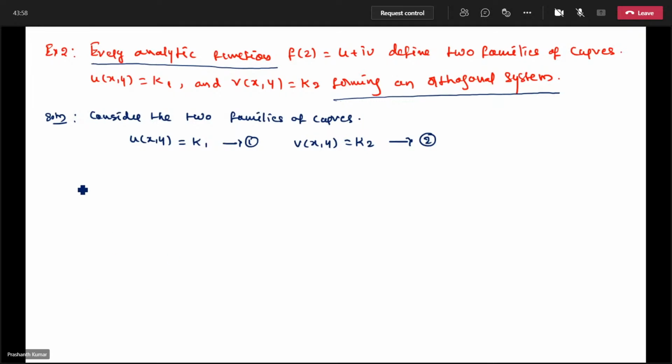Let us suppose we are considering the function f of z is equal to u plus i v, be an analytic function.